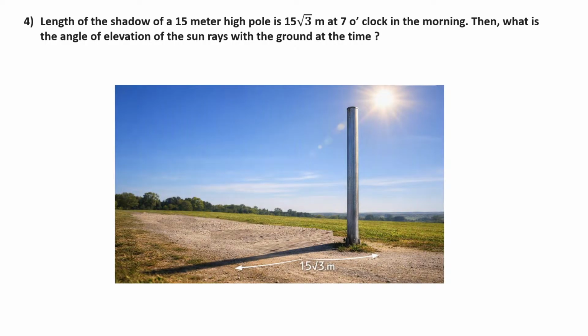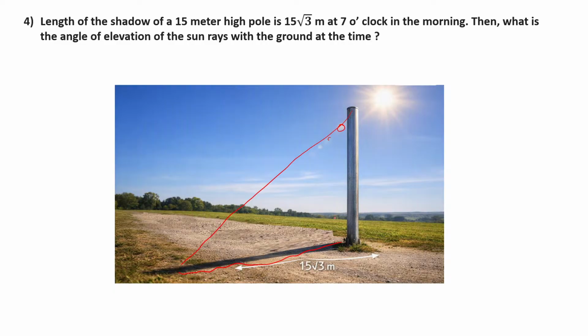You can see the tower or a pole standing perpendicular to the ground level at 7 o'clock in the morning, so the sun is rising. Here you can see the sun rays falling like this, so a shadow will be formed.